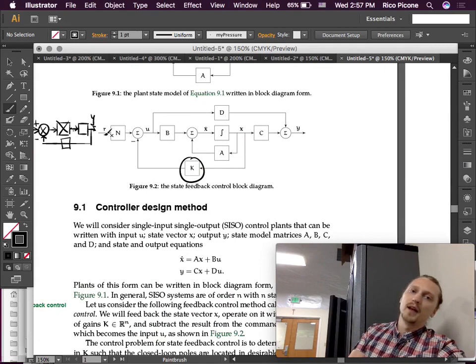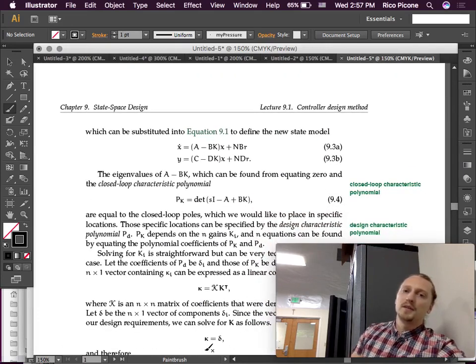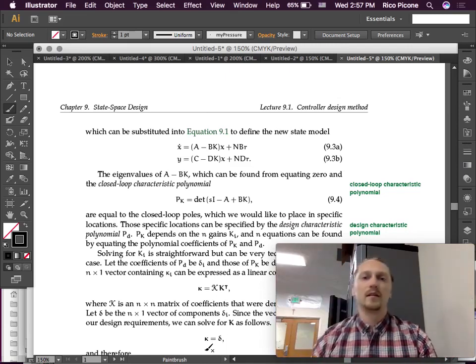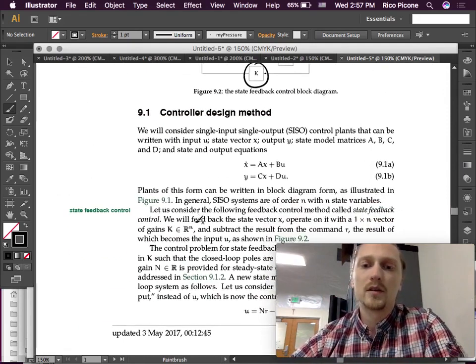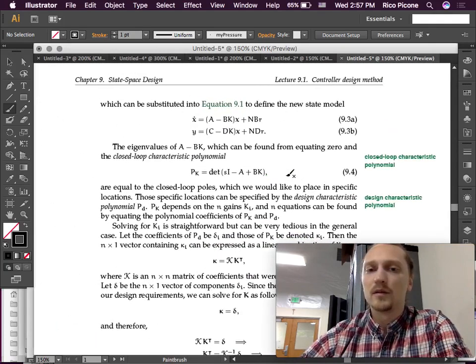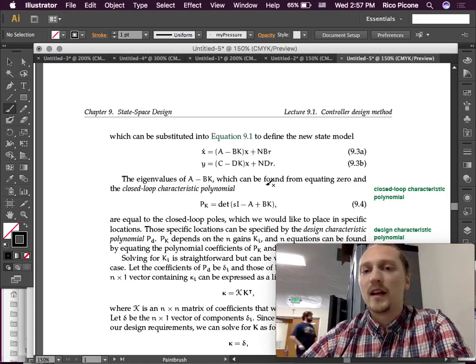U equals nr minus kx, which can be substituted into equation 9.1 to define the new state model. Our equation was x dot equals Ax plus Bu, and y equals Cx plus Du, our usual representation. Now it's x dot equals (A minus BK)x plus nBr, and y equals (C minus DK)x plus nDr.